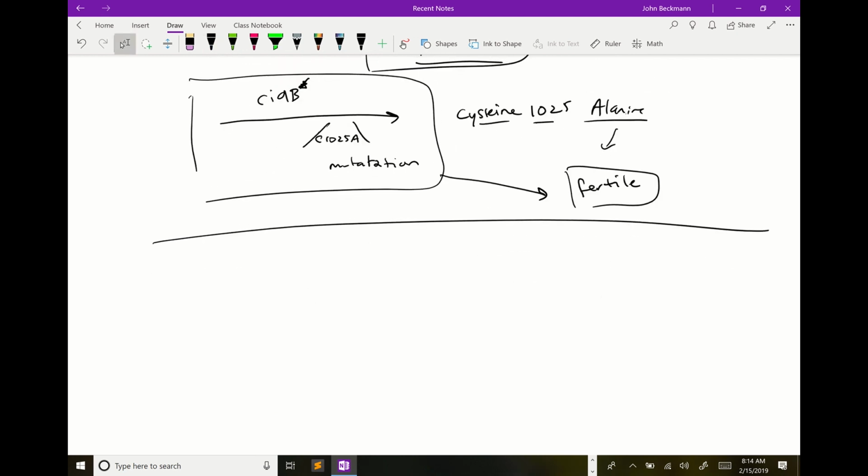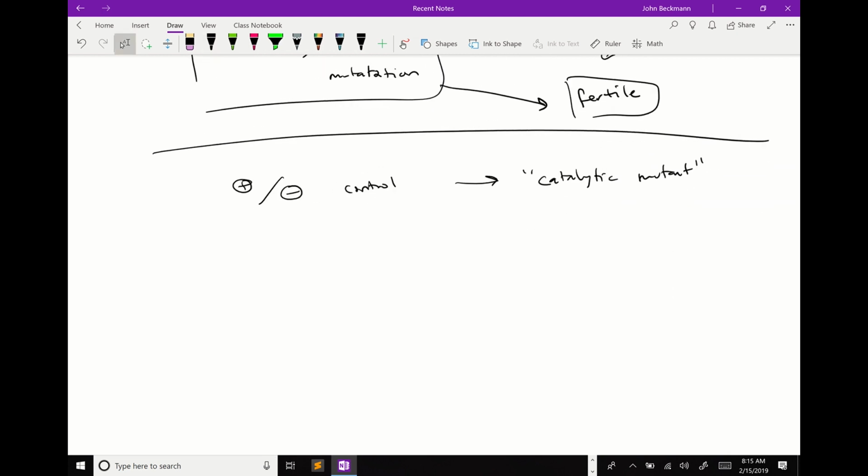And this is very, very common if you need either a positive or a negative control, or you want to specifically study and make a conclusion about functionality of an enzyme. You always have to have a catalytic mutant. This is a very critical concept, and we deal with it all the time. And sometimes there are other reasons you want to make mutations, so you need to know how to do that.